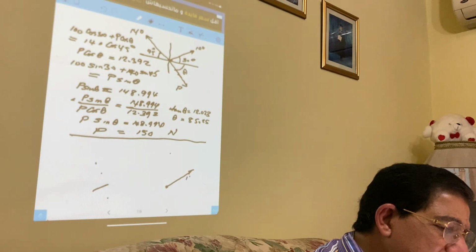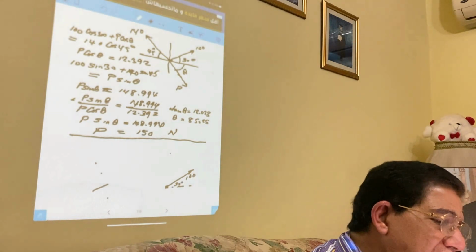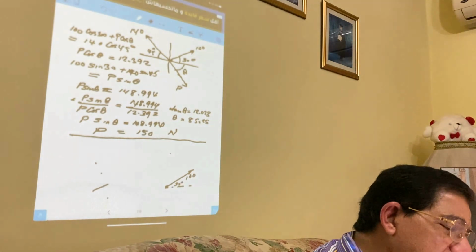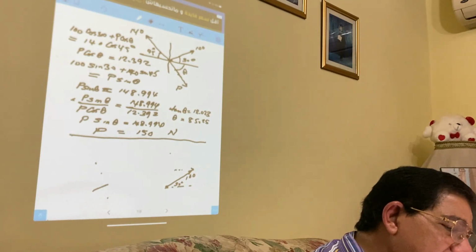This is 100, and this is making 30 degrees with this. Then we are going to draw a force of 140, making 45 degrees. Remember, this is 30, this is 30. You make now an angle of 45 degrees like this.